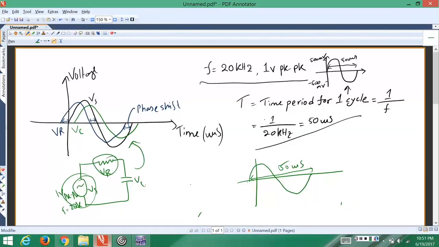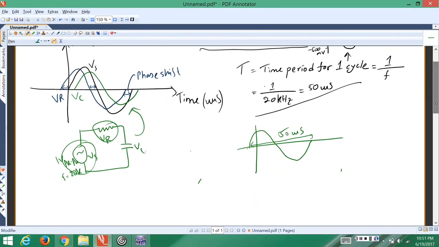So going back to how I should measure the time difference, the phase difference. I know that on the oscilloscope screen, 50 microsecond represents one cycle, which means 50 microsecond represents 360 degree, right?